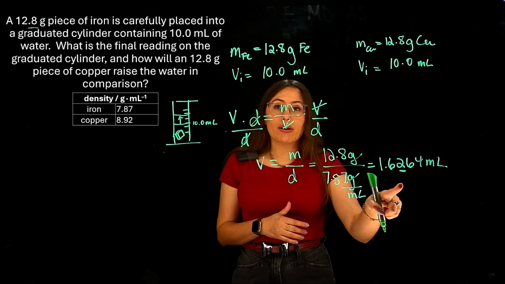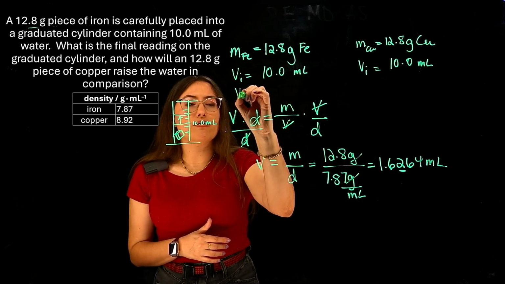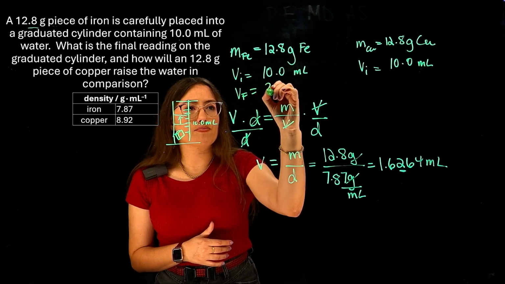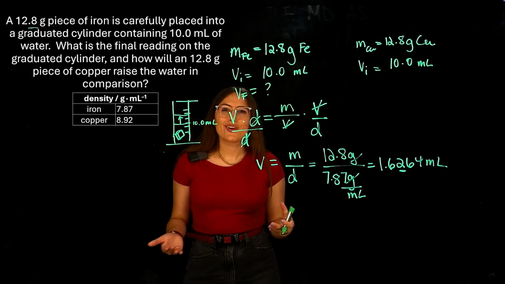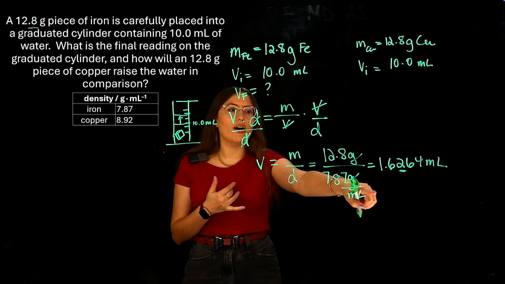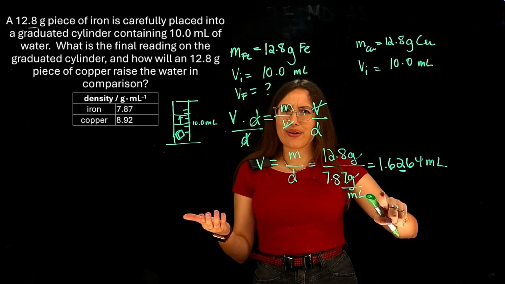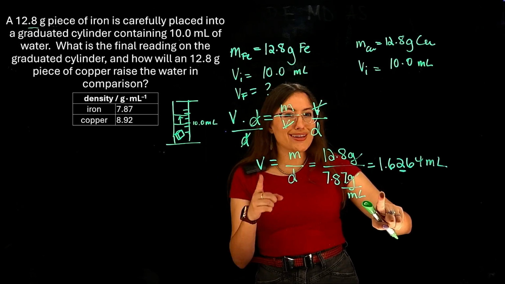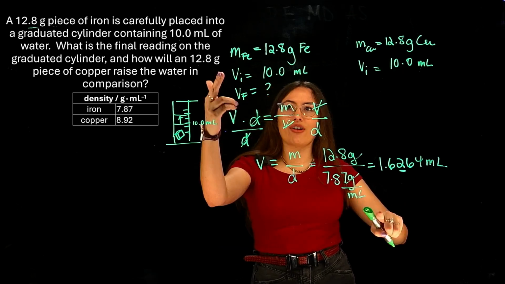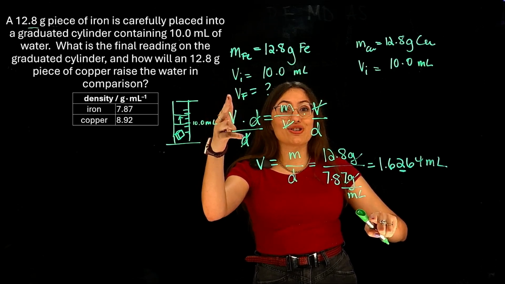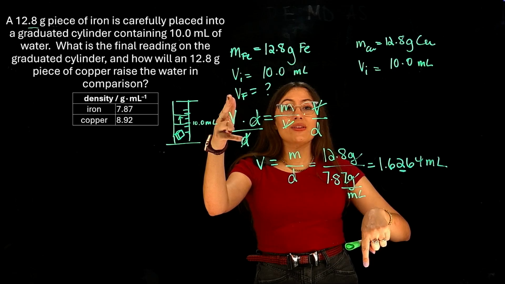The next step is to find the final volume. That's what we're looking for. How are we going to do that? We're given an initial volume, and we found the volume of the piece of iron. So how would we find the final volume? If you were thinking you just had to add the 2 values, your initial volume plus the volume of the metal, you were correct.